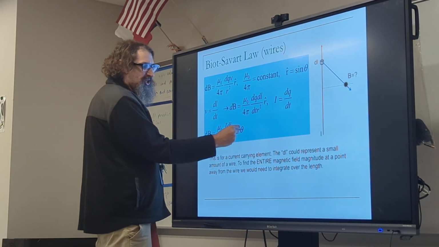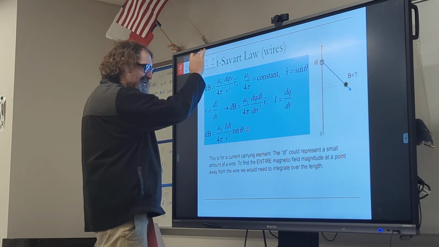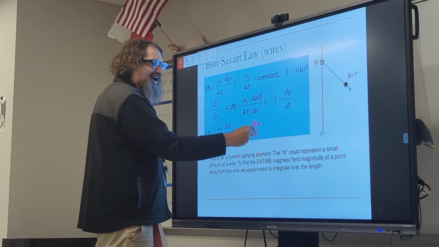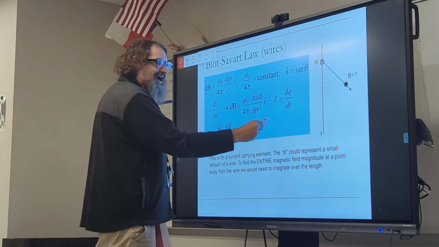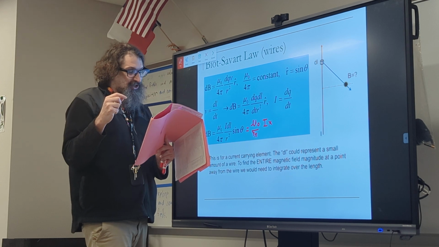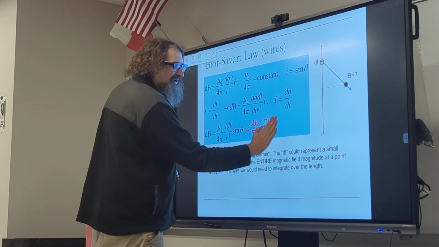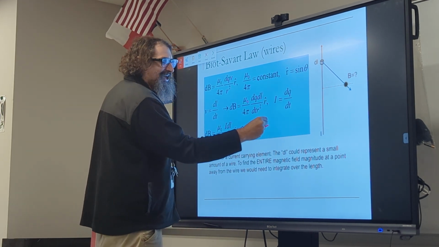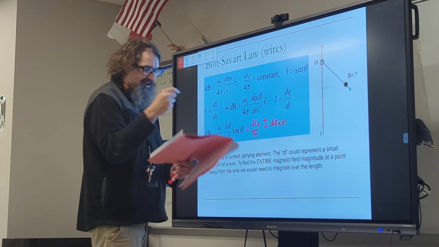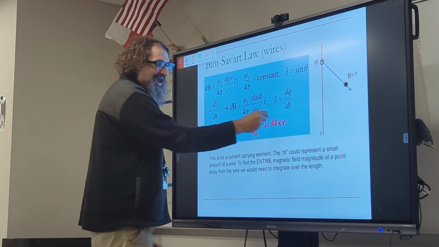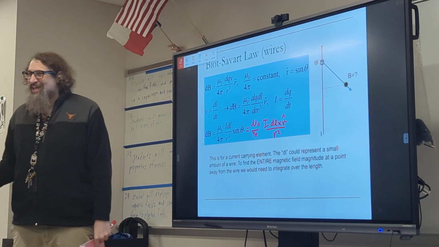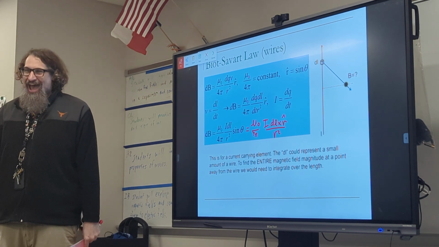The official version on the equation sheet is mu 0 over 4 pi, I dL cross r hat over r squared. Now I hate the dL cross r hat.